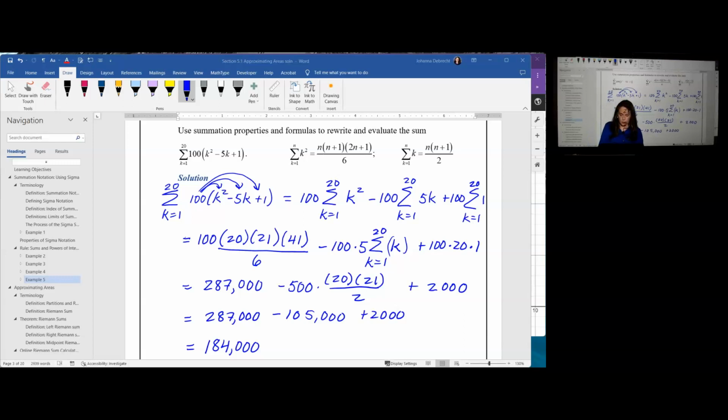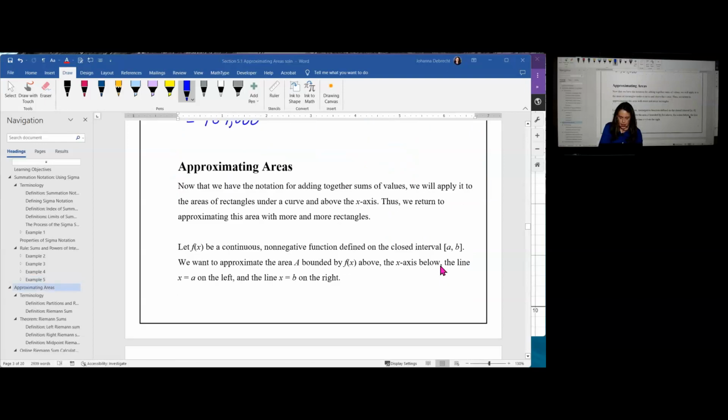We now want to take what we've learned about sigma and summation notation and apply it to the problem that we started with. Namely, if we have a function that is continuous over a closed interval from A to B, and it's non-negative, not going below the independent axis, how can we approximate the area under that curve between the independent variable equal to A and the independent variable equal to B?